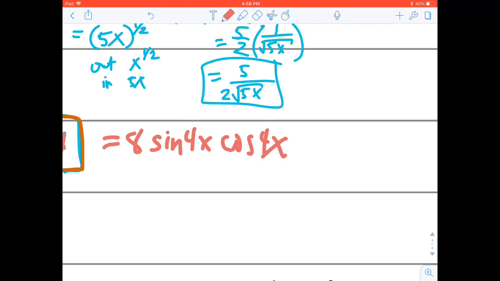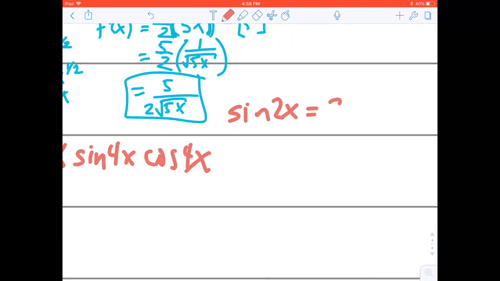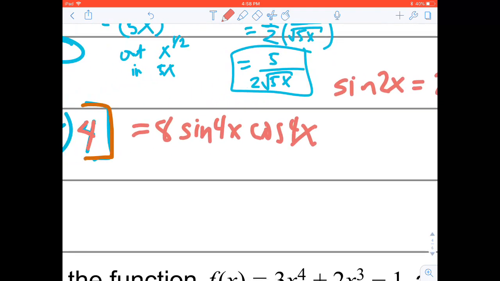I'm just going to point this out because it may come up in an AP test, and it's just something that I want to have you familiar with. We do have our trig identities, and one of our identities says that sine 2x is equal to 2 sine x cosine x. So anytime you see sine times cosine, see if it'll work for this identity. And this is one good example where it does work.